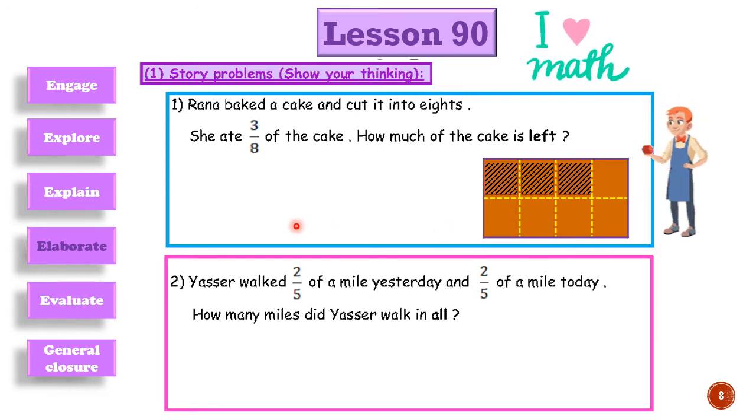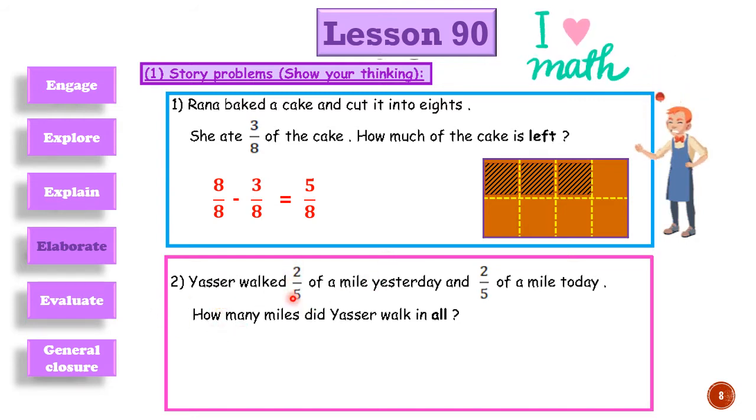In math, it will be 8/8, which is the whole cake, minus the eaten part, which is represented by the fraction 3/8, equals, put the denominator as it is, and subtract 8 minus 3 equals 5. It will be 5/8. If we count how many parts are left, it will be 5 parts out of 8. Let's go to the next one.